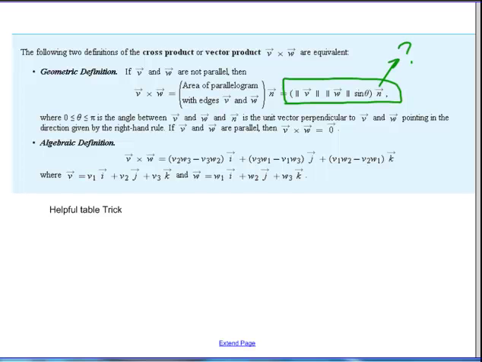And there's an algebraic definition which I'm going to leave to you to do some YouTube searching to watch its original proof and derivation.